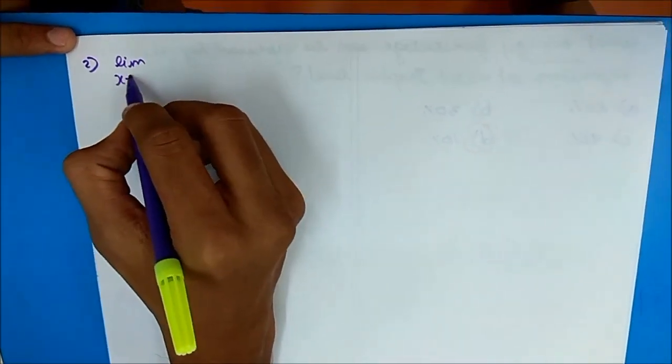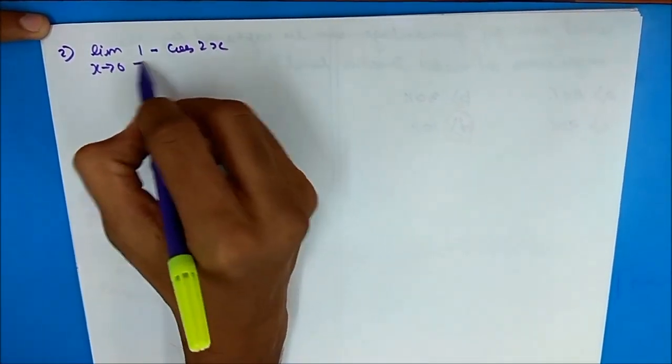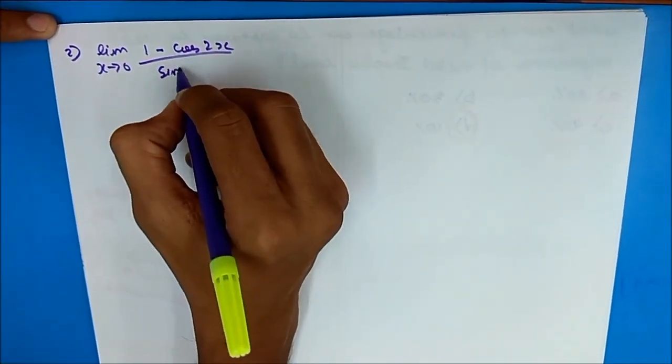Limit x tends to 0, 1 minus cos 2x upon sin square 2x.